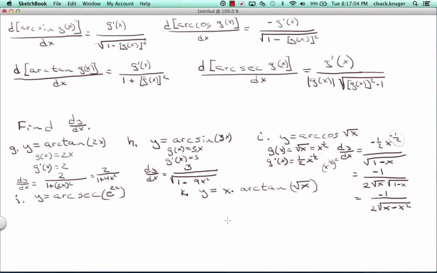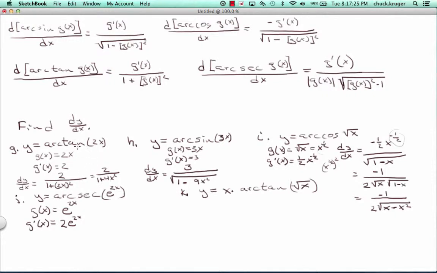All right. Let's look at this particular one. So my g of x is equal to e to the x, so g prime of x is 2e to the 2x.